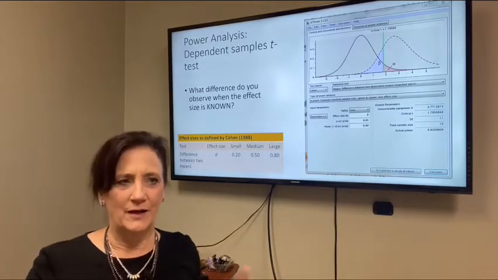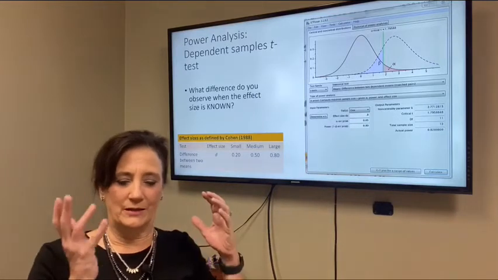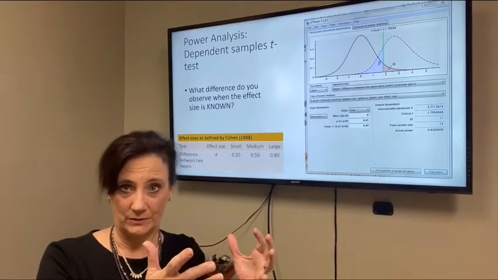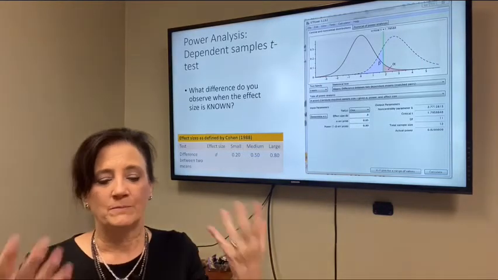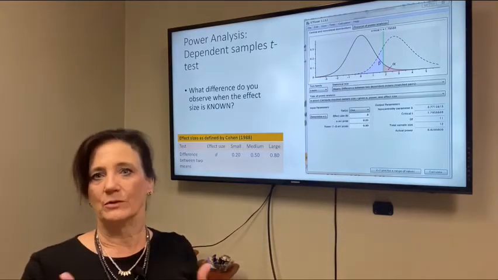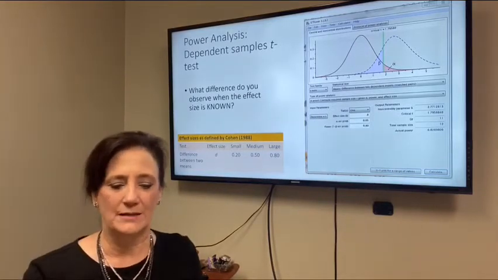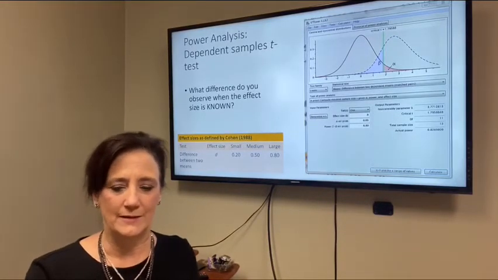So you've got kind of this balance between achieved power and what reviewers are going to say about your work. So always think about that too in terms of setting your effect size, setting your sample size.